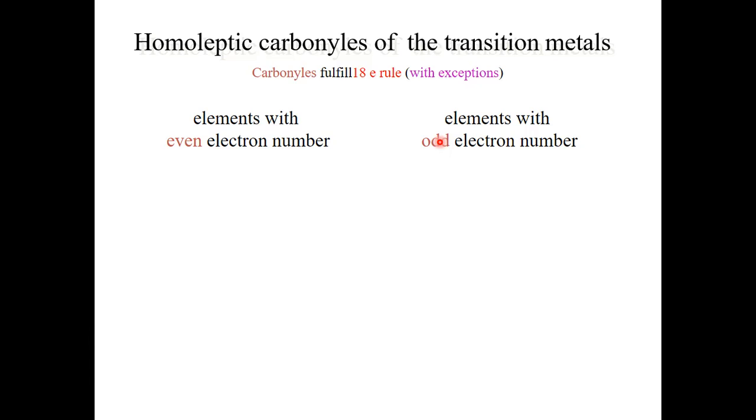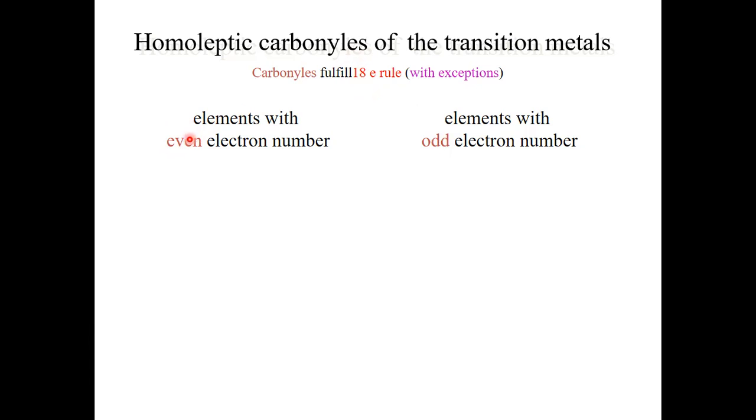So now when the carbonyl is a 2-electron donor, and we need to fulfill the 18-electron rule, then it becomes immediately clear that we can fulfill the 18-electron rule only when the element has an even electron number.